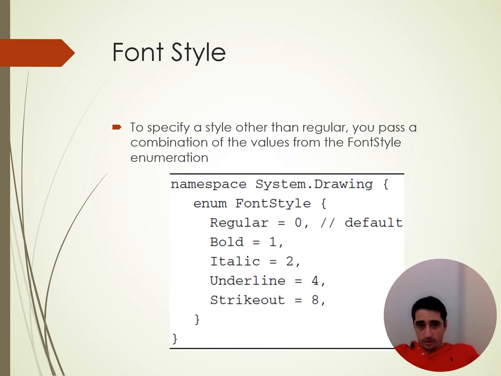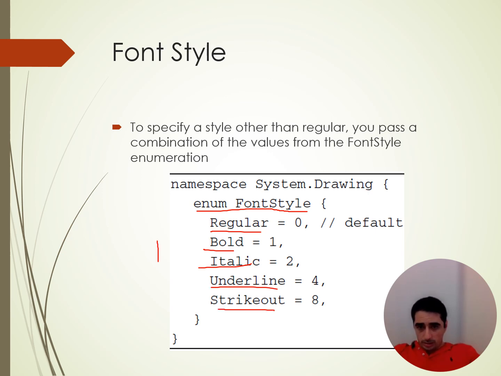When you're selecting a font, you can specify the style. By default the style is regular, but you can select another style, and that style can be made by using a combination of the items specified in this enum font style. You have regular, which is default, that's 0, the bold, the italic, the underline, strikeout.